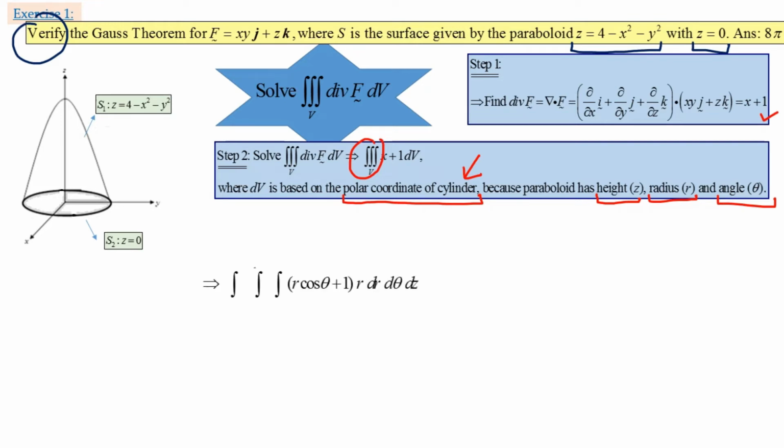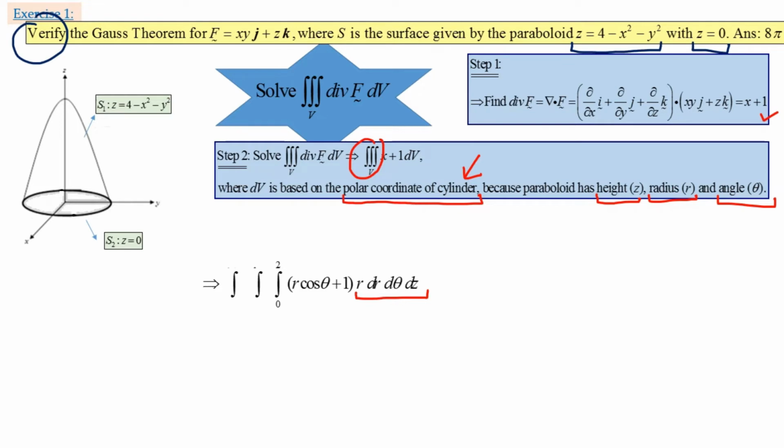So convert everything. x plus 1, where x is equal to r cos theta, so r cos theta plus 1, where dV is r dr d theta dz. So determine the radius, theta and also z, where the radius is 0 to 2. I hope you understand how to obtain the radius.